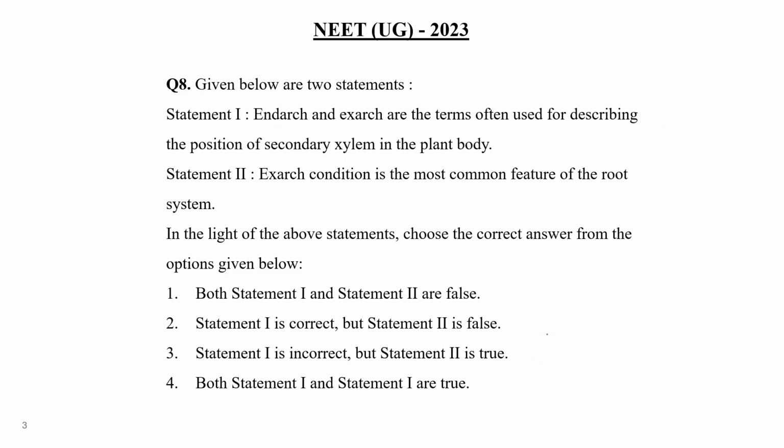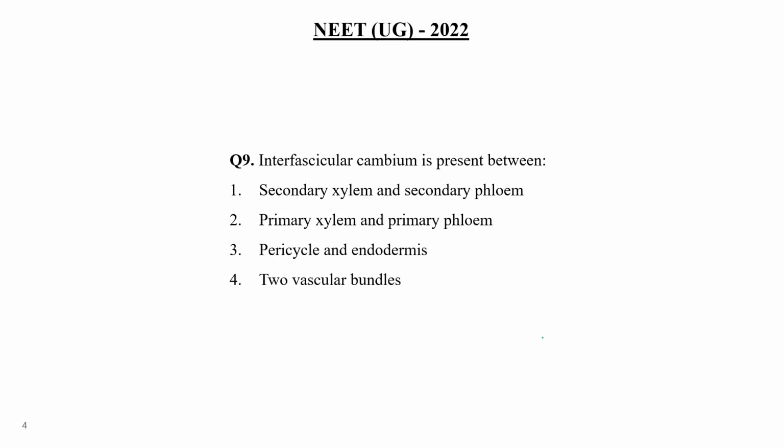Okay, clear? Now let's discuss the next question, question number 9. Interfascicular cambium is present between. For this, you have to recall the diagram of vascular bundle, different types of vascular bundle, where we have used intrafascicular cambium, interfascicular cambium, fascicular cambium, right?